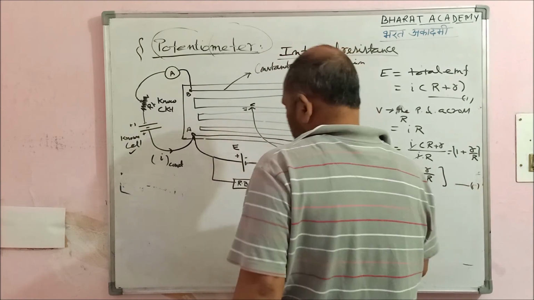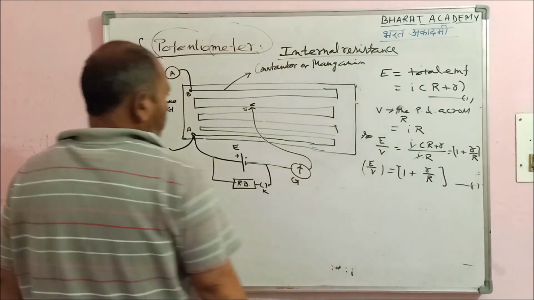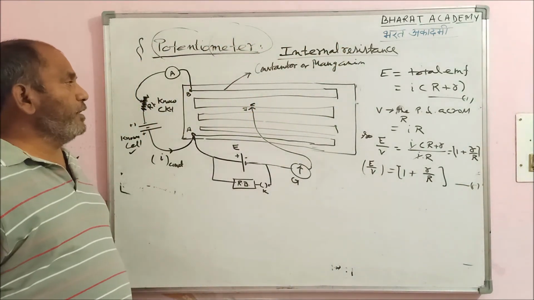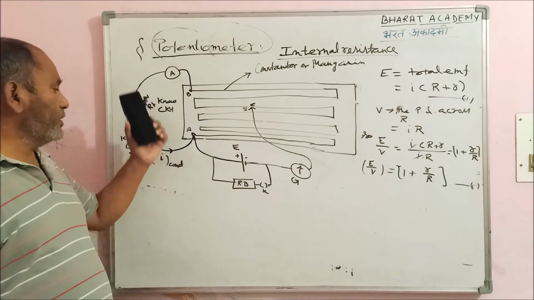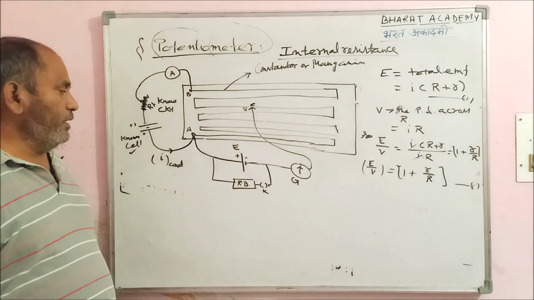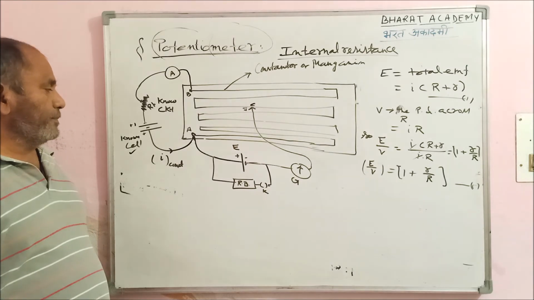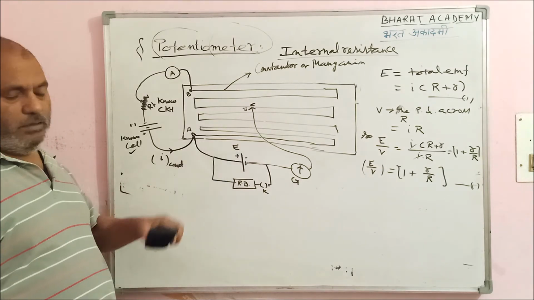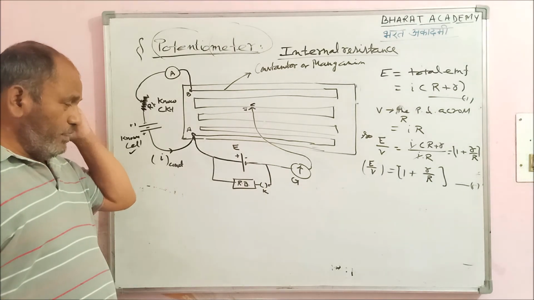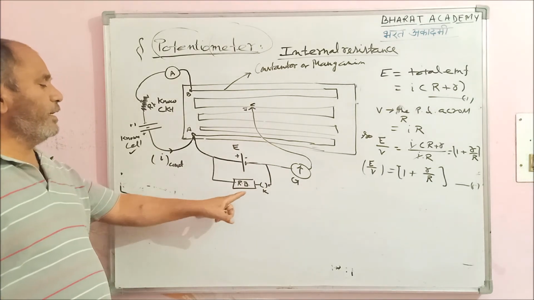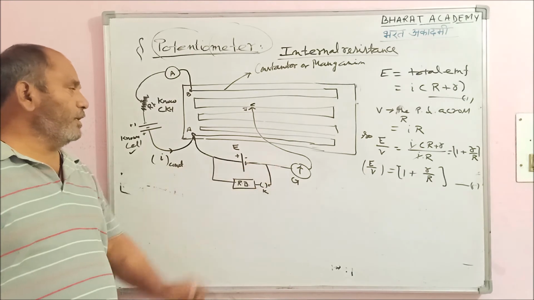Now how do we calculate practically the value of E and V? That's why we are using this potentiometer. We set up the circuit like this again, right? An unknown cell, Leclanche or Daniell, whatever you have, is applied, and a resistance box RB is applied, a key is there, and it is connected to the galvanometer.